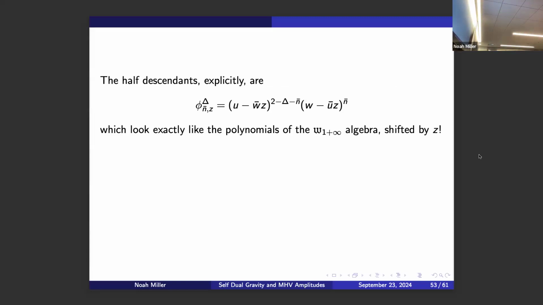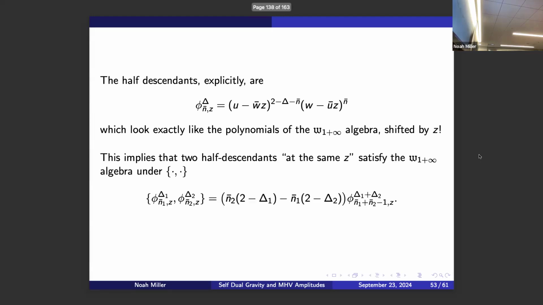And the half descendants, where you've only traded z bar for n bar but you've kept the z, these are just the polynomials of the W1+infinity algebra. I'm saying that the wave functions of these half descendants are literally polynomials. Because they're polynomials, which are shifted with the z coordinate, if you take two of these half descendants and put them into the Poisson bracket, what you get is the W infinity algebra.